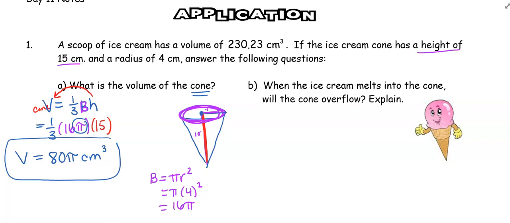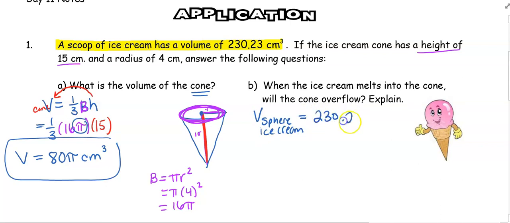So we know that the volume of our ice cream, volume of our sphere, of our ice cream here, is 230.23 centimeters cubed. So if it overflows, we want to ask ourselves, which volume would be more, the cone or the ice cream? Which one would cause the ice cream cone to overfill with itself?